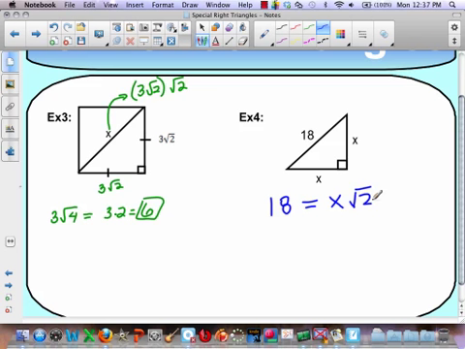Doesn't the square root cancel out? No. Well, we need to find a way to cancel it out.